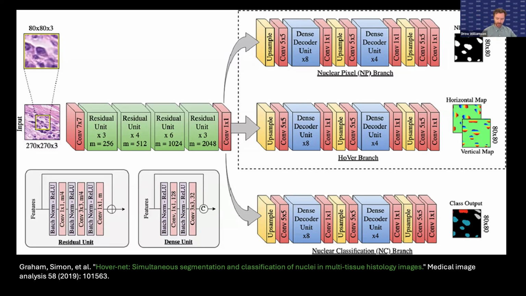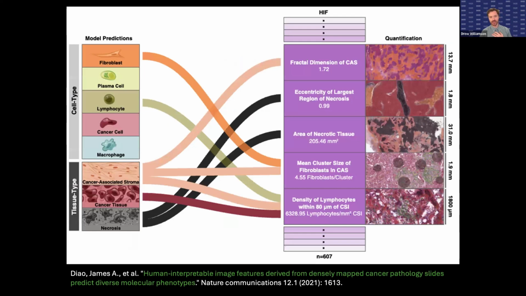And one of the prototypical works that I always think about when someone says human interpretable features is this work from PathAI. And so PathAI, I'm sure, I guess I'm not sure, probably does not use HoverNet to segment their nuclei, but instead they've paid hundreds or thousands of pathologists to richly annotate pathology images, and then they train some deep learning models on those annotations to segment things like different cell types and different tissue types.